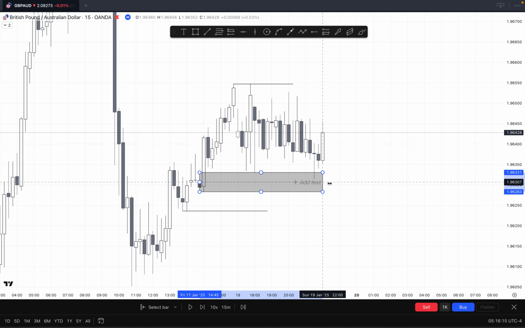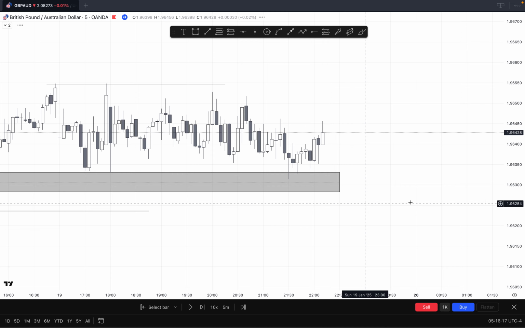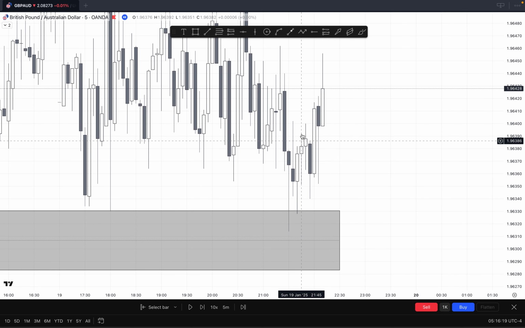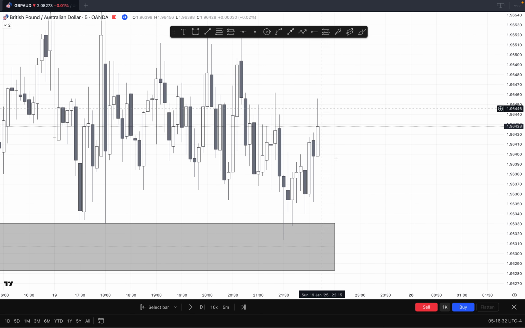Alright, we got a top in 5 minutes. We got a breaker structure to the upside here. Want to see a break above this high here.